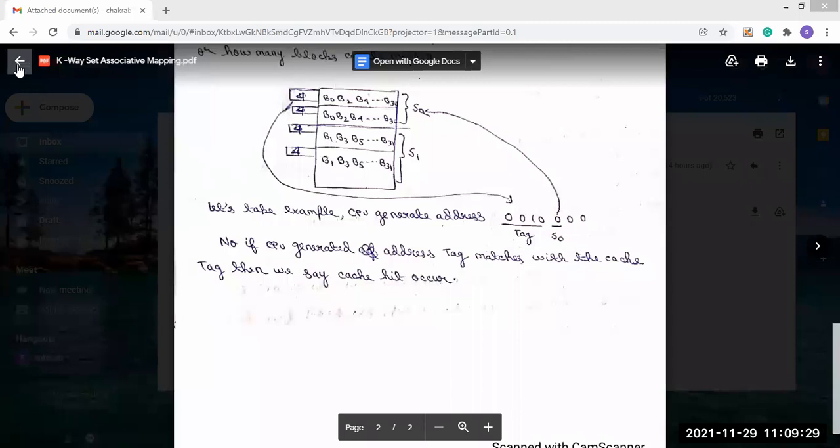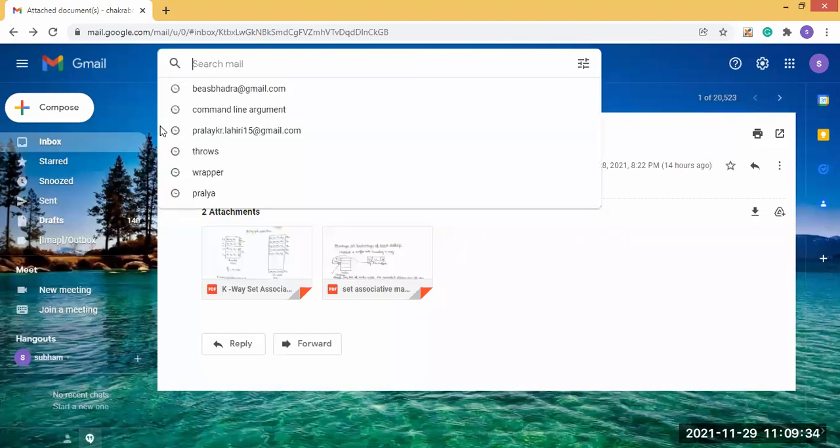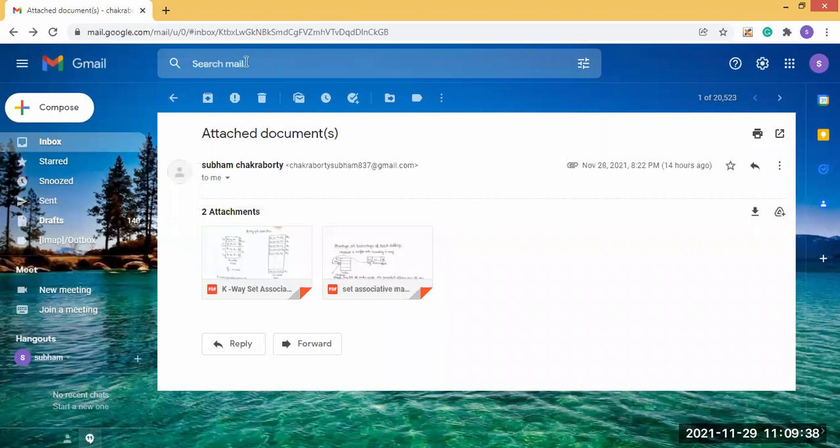One thing I have left is the direct mapping concept.